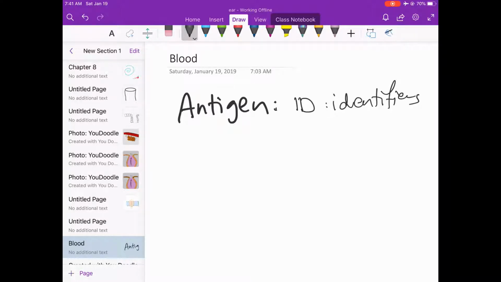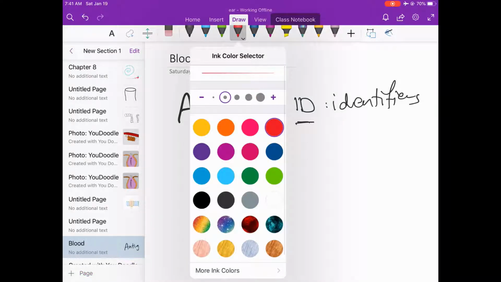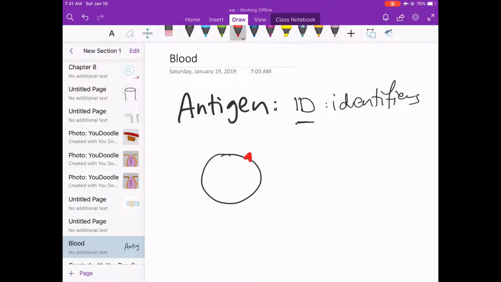Now, everything within our body, like cells or otherwise, has its ID. This is a cell, and the antigen would be displayed on the surface of the cell.